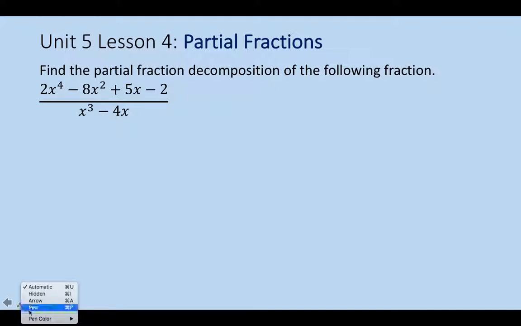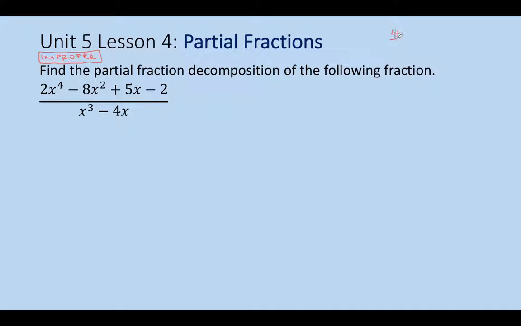I'm going to give you two separate types of things that you could get. This one is called an improper fraction, because you'll notice that the degree in the numerator is bigger than the degree in the denominator.